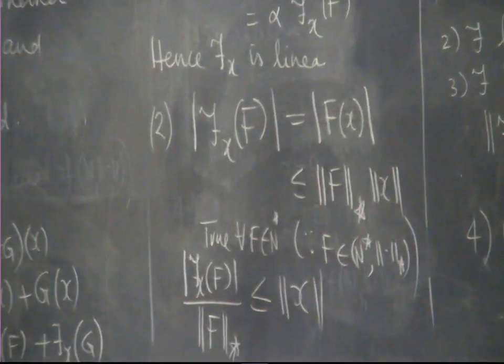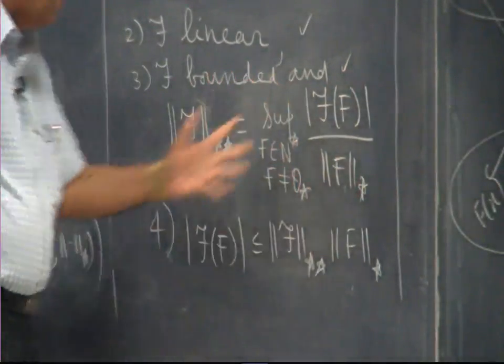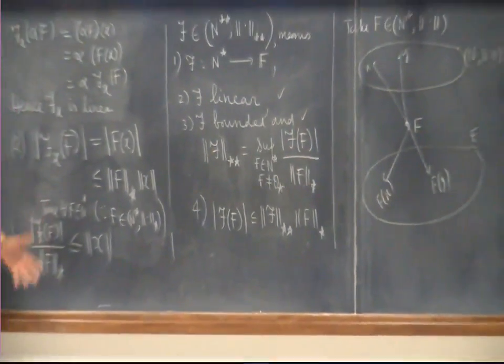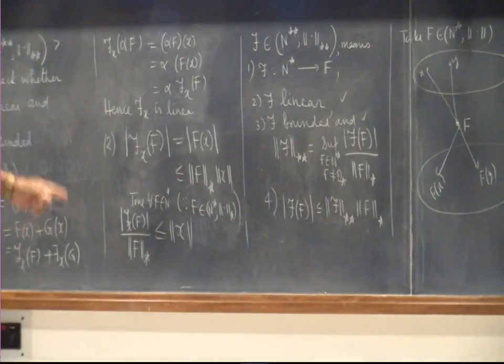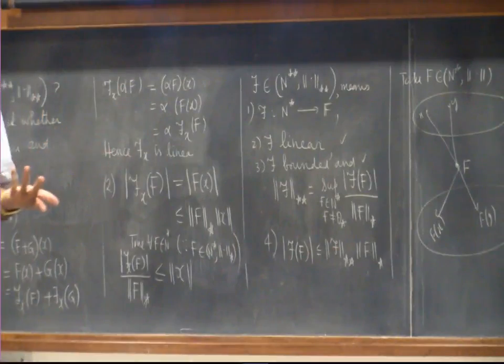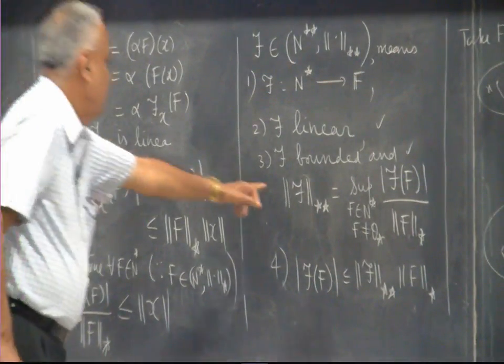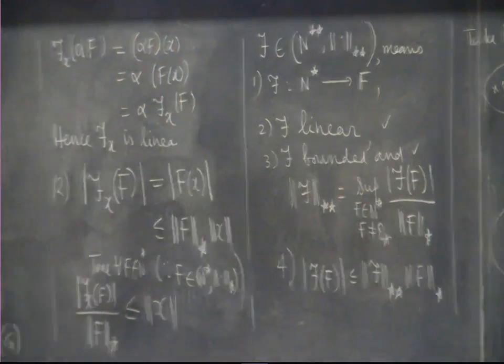Okay. Remember, if you want to get F_x to be bounded, this ratio must be under control. Now that ratio is under control, therefore capital F_x is bounded and the norm of capital F_x will be less than or equal to norm of x. The supremum, everybody is less than or equal to norm x, so the supremum will also be less than or equal to norm x.